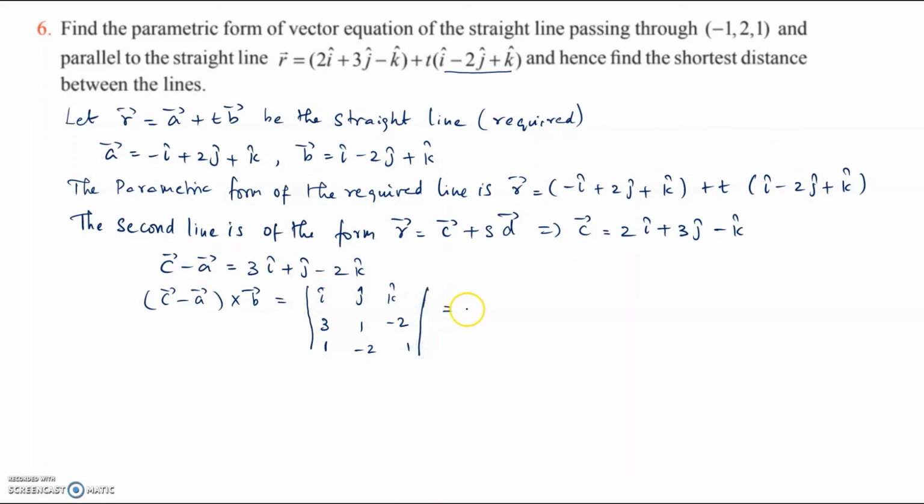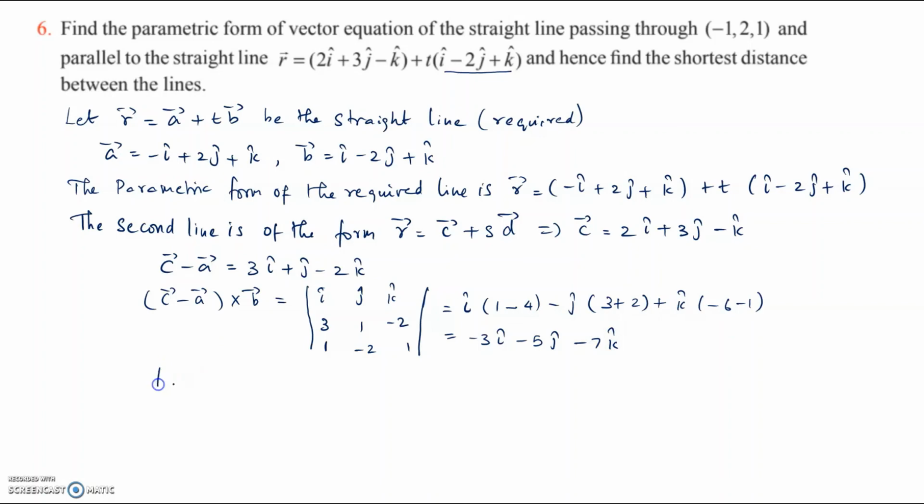So solving this determinant further, we get i cap into 1 plus 4, it's minus, then it's minus j cap into 3, minus of minus 2 will be plus 2, plus k cap into minus 6 minus 1. So that's equal to minus 3 i cap minus 5 j cap minus 7 k cap.